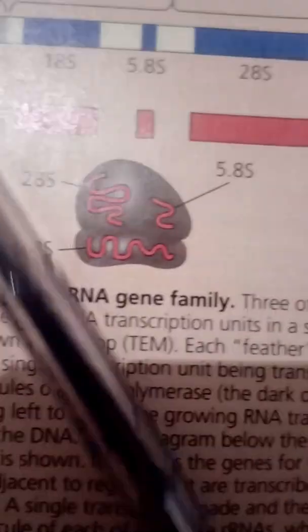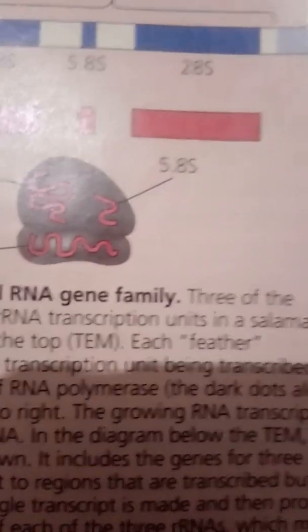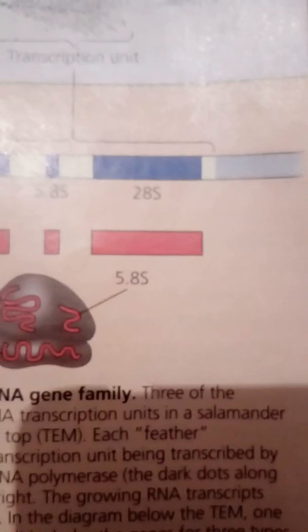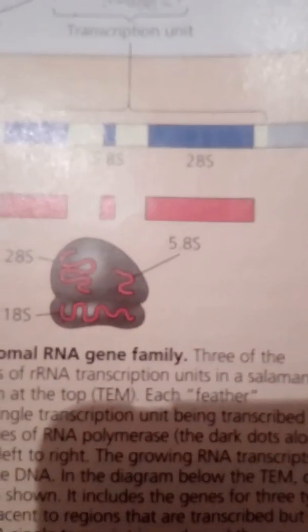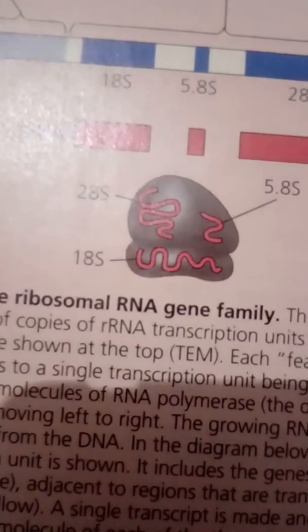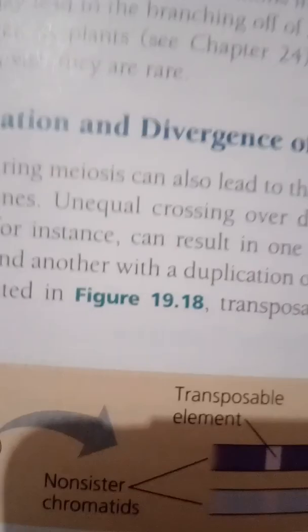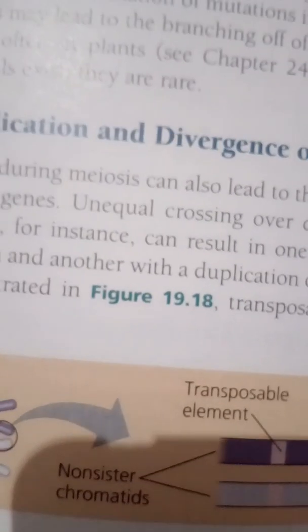The many copies of this rRNA transcription unit help cells to quickly make the millions of ribosomes needed for active protein synthesis. The primary transcript is cleaved to yield the three rRNA molecules. These are then combined with proteins and one other kind of rRNA, 5S rRNA, to form ribosomal subunits.